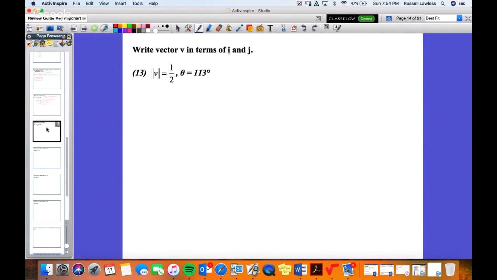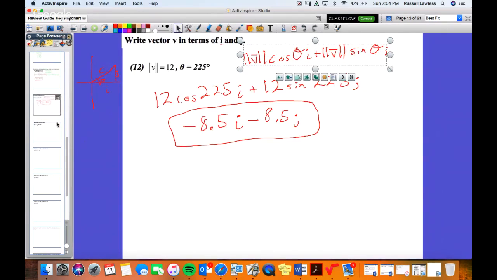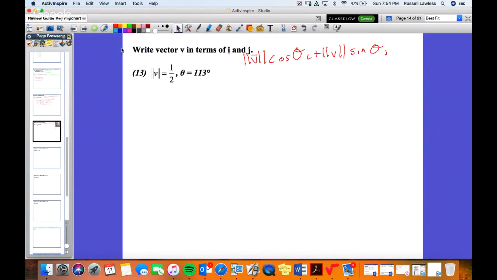So again, the formula is, I can copy and paste. For the formula here, we're just going to copy this stuff, paste the formula. And so to solve it here, we're going to do 1/2 times the cosine of 113i, and then add that to the 1/2 of sine of 113j.